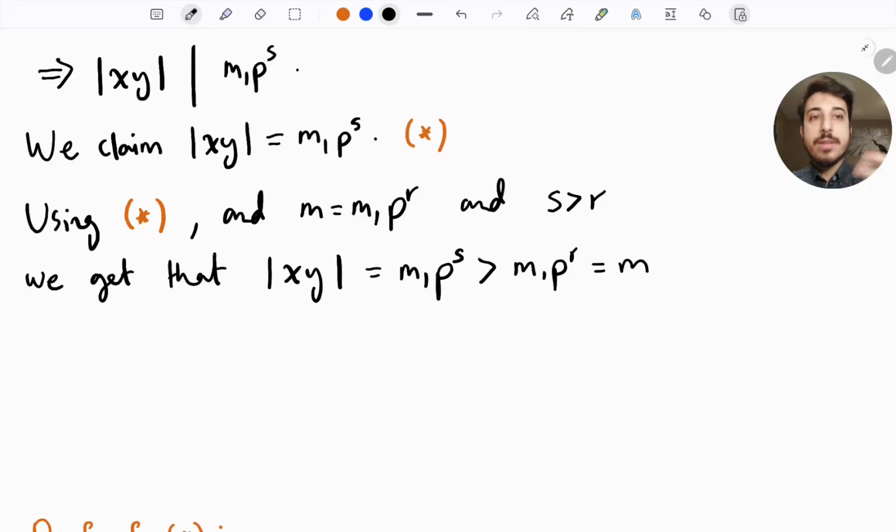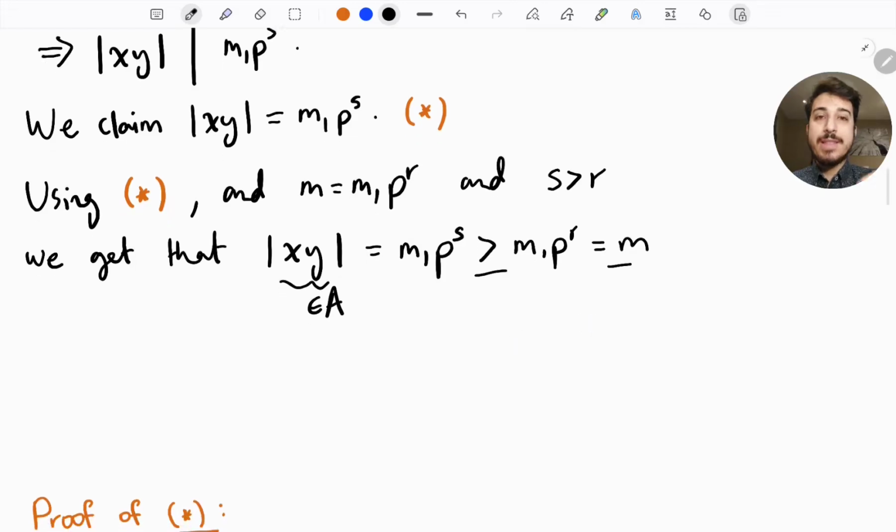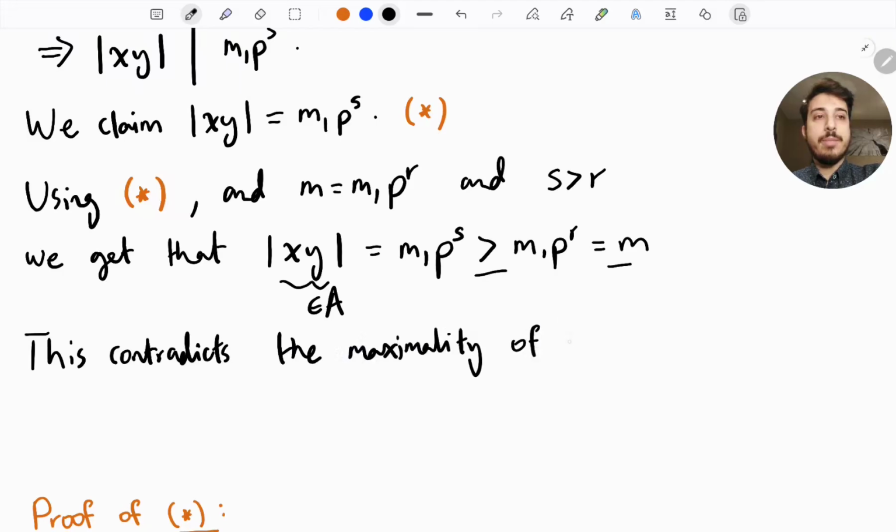So we have just found an element in A such that the order of that element is bigger than m, but m is the maximum order as we have supposed. So this is a contradiction. This contradicts the maximality of m.